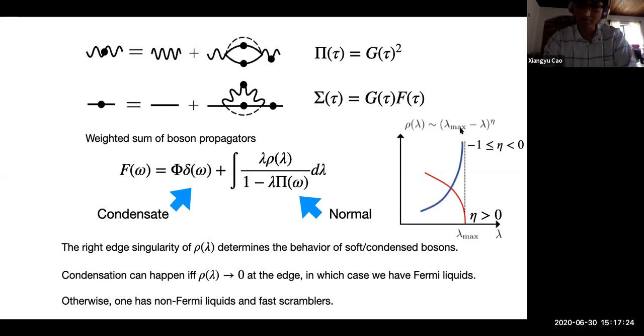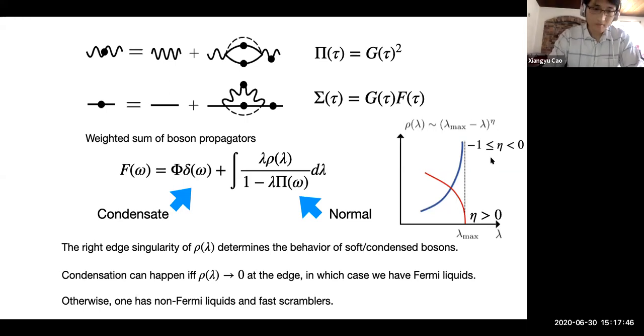So in general, we can consider a large family of distribution edges indexed by exponent eta, and you can distinguish at least between eta larger than 0, where this distribution vanishes, and eta smaller than 0, where the distribution blows up.